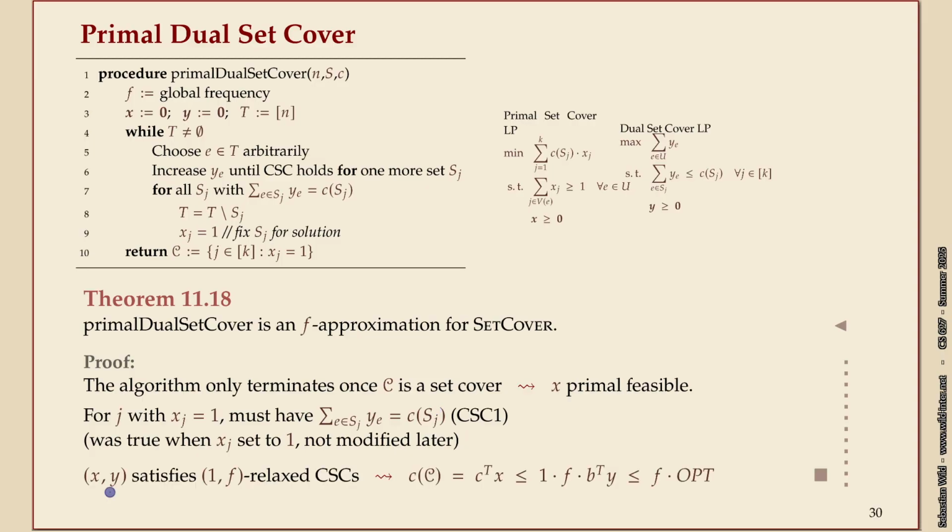And so that means our x, y pair at the end satisfy these 1/F relaxed complementary slackness conditions. And so that's all we really need, because then we can use the previous lemma for getting the approximation guarantee. And here it's a factor F.